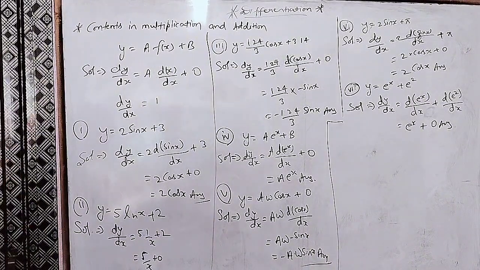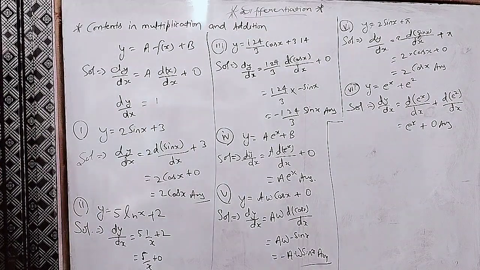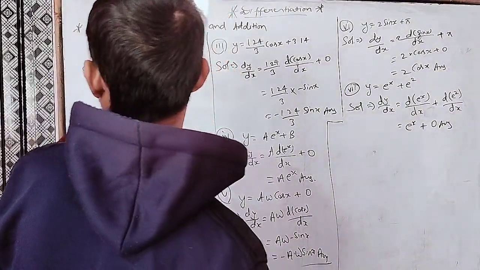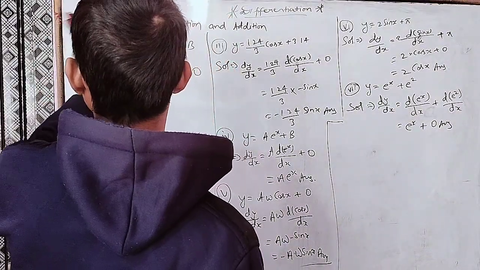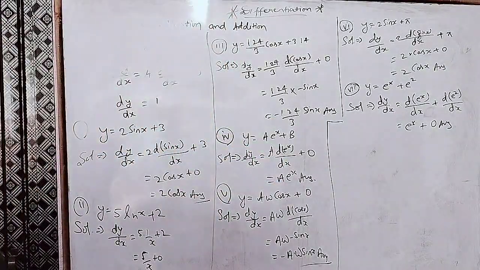Now we are moving on to the next. We have done constants in multiplication and addition. Now we are moving on to the next, which will be a little different. Let's see what the difference is.